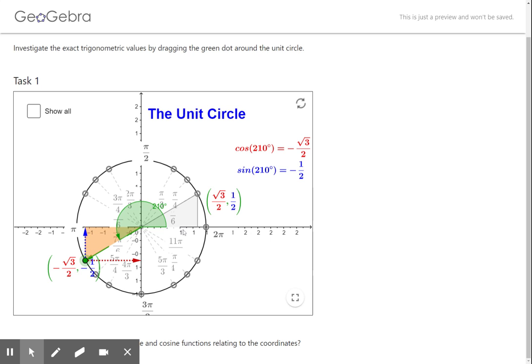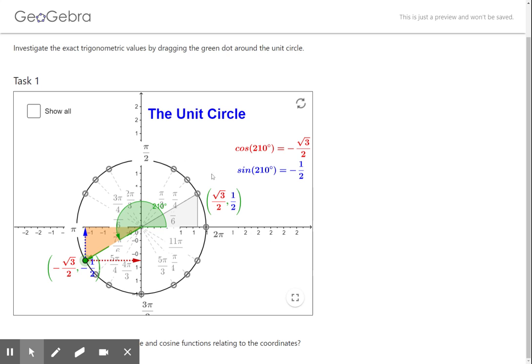And in this case, the values here and the values of our 30-degree angle in quadrant one are the same values except with negative signs, because this is in quadrant three, but the values are the same.